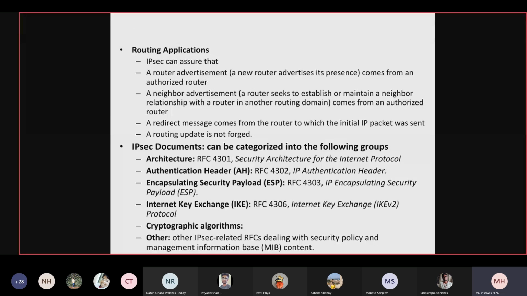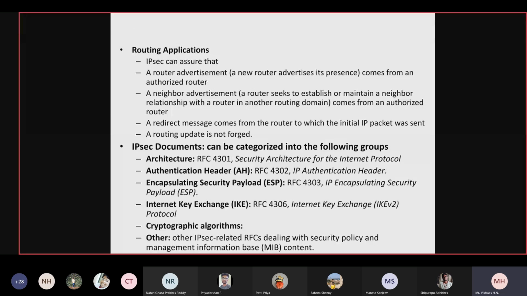Is that clear? Then the authentication header, it's an authentication protocol basically. The second one is encapsulating security payload, ESP. This protocol provides confidentiality. Is that clear? Authentication header doesn't provide confidentiality.